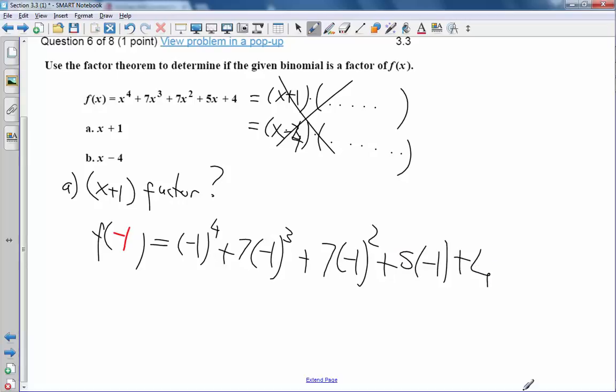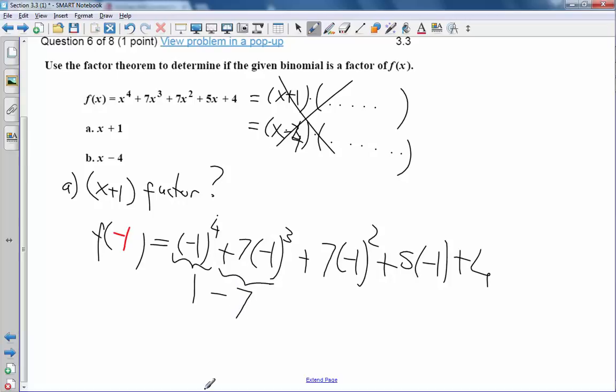What happens if you multiply negative 1 four times by itself? Negative 1 times negative 1 times negative 1 times negative 1 is 1. Even powers of negative numbers are positive, and 1 raised to any power is 1 anyways. And odd powers of negative 1 are negative 1, and 7 times it is negative 7.